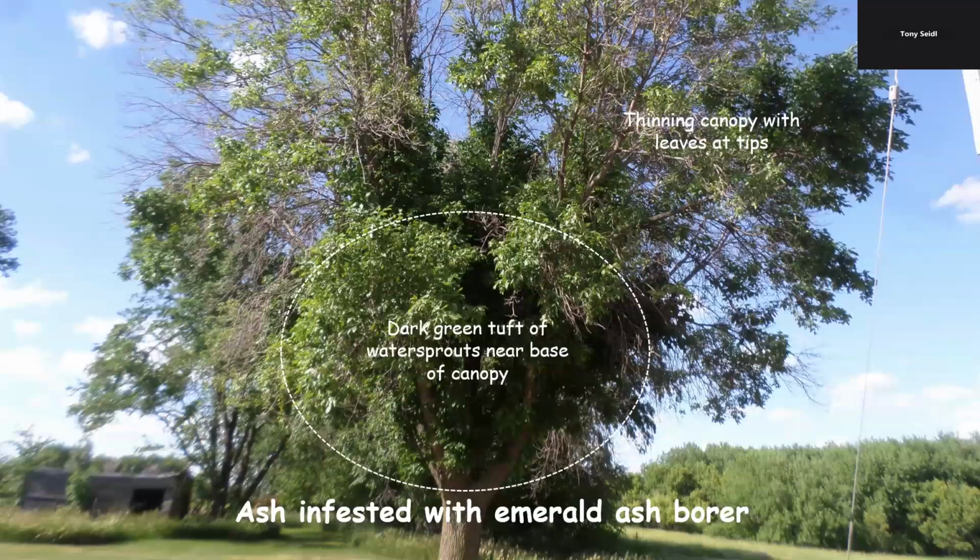And so the roots are starving. Their means of trying to live is to get the tree, through their plant hormone system, their signaling, to produce all these sprouts. Hey, let's get a canopy back really quickly. We need some food down here. And so that'll be appearing at the base.